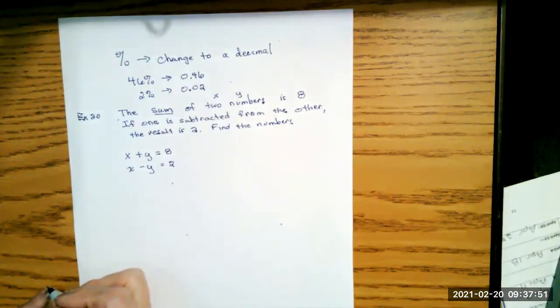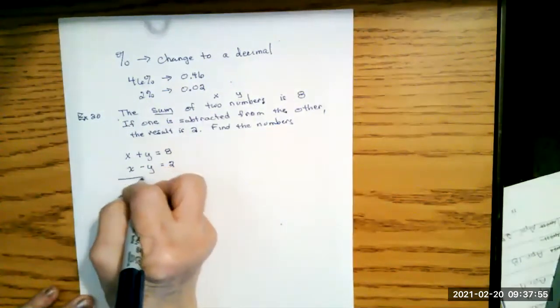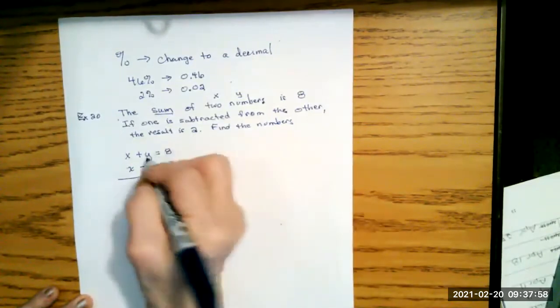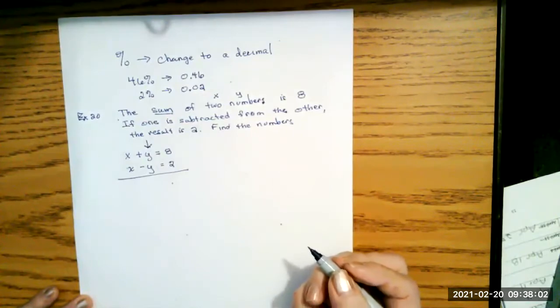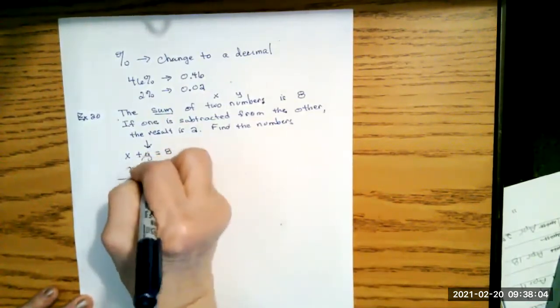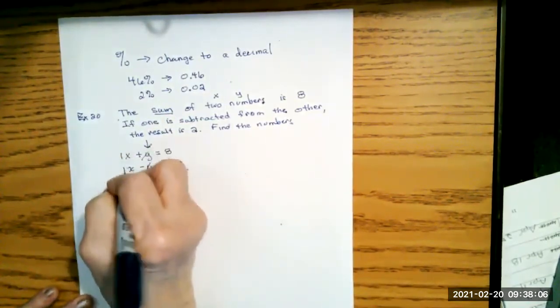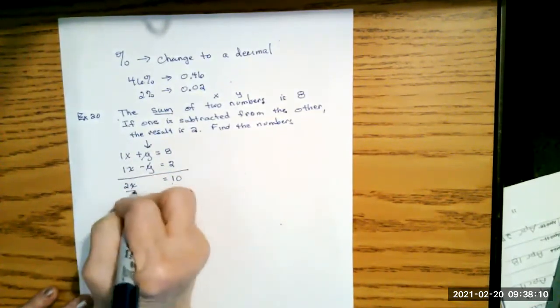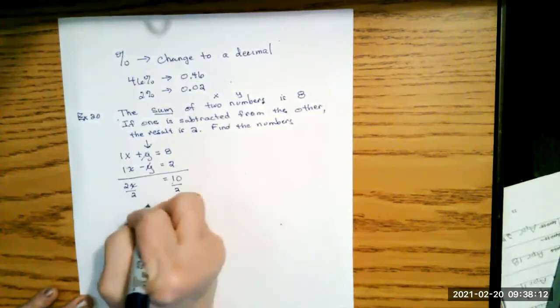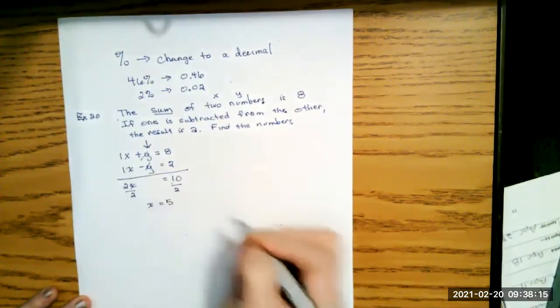I could use matrices on this one, but it's a lot easier to eliminate a variable when you have 2 by 2's. I can see my y's are going to eliminate because one's plus y and other one's minus y. So I have 1x here and 1x here gives me 2x's equals 10. Divide by 2, and so x would be equal to 5.